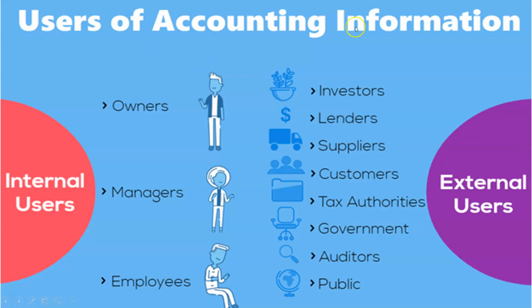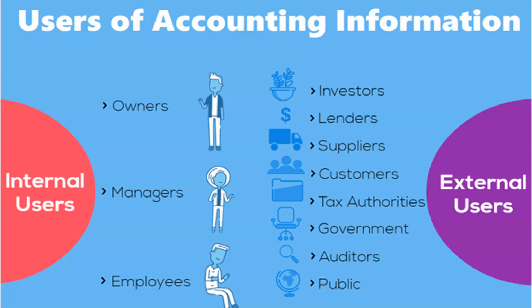So accounting information is important for the owners, and in the big firms for the managers and the employees as well. For their day-to-day working, they should also have a record of what they have done. This is for the internal users, and if we talk about the external users, the investors in the Reliance Industries Limited, there are a lot of investors who rely on the balance sheet and the profit and loss account of the company.